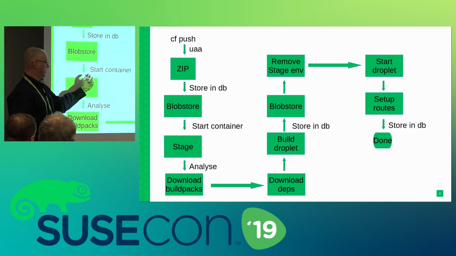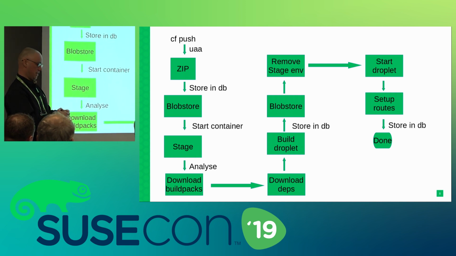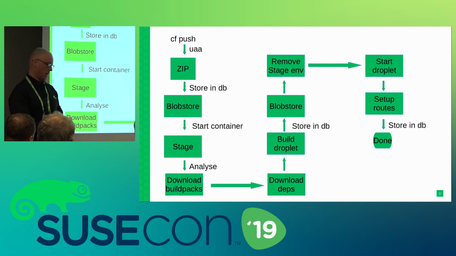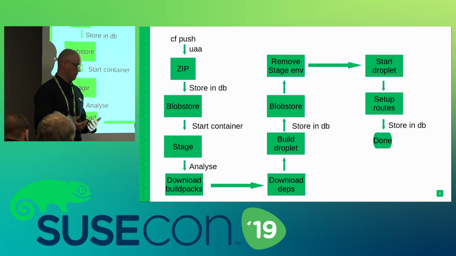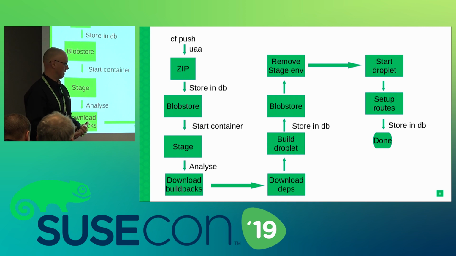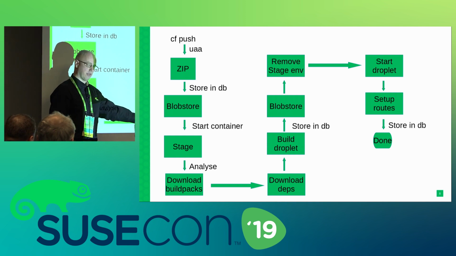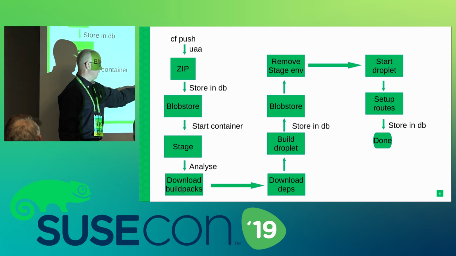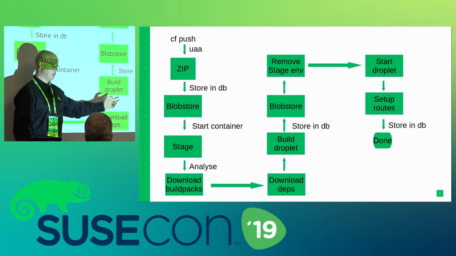Cloud Foundry starts the container and starts analyzing what type of code I have, and depending on that and how I defined what to run, it downloads buildpacks. The buildpacks take care of building my application. If dependencies are needed for the buildpack, it downloads those as well, and it creates something called a droplet.